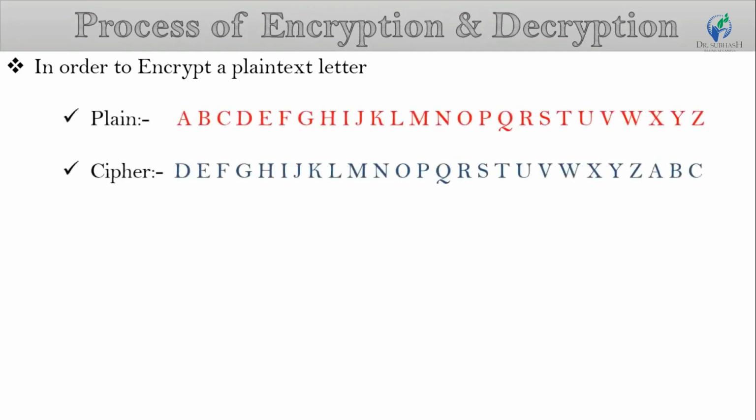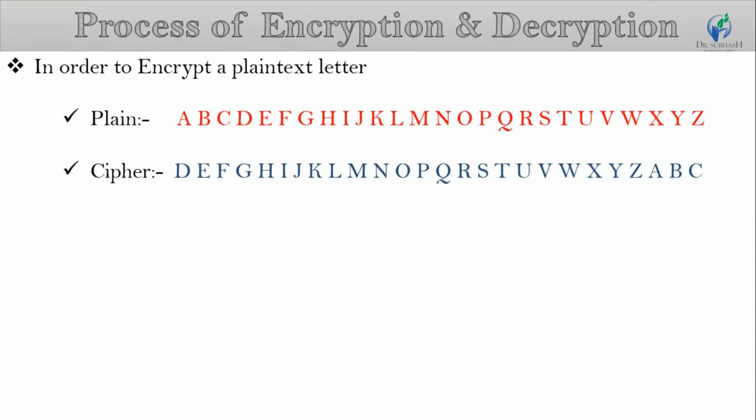The plain text letter is encrypted to the ciphertext letter on the sliding rule base. The result of this process is depicted in the following illustration for an agreed shift of three positions.